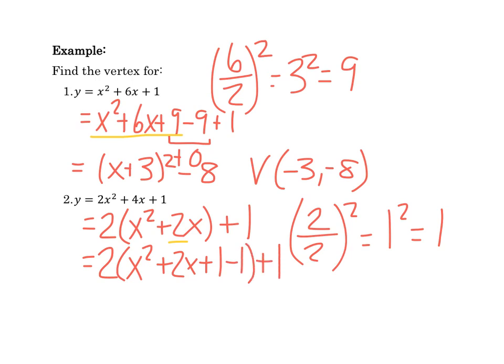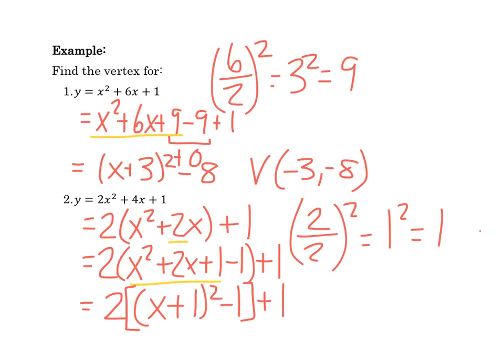And now we've created our perfect square trinomial, which we can factor. And we obtain 2 times x plus 1 all squared, because we're looking for two numbers that multiply to 1 and add to 2 in the middle. And we still have the minus 1 plus 1. And simplifying, we're going to multiply the 2 back through the bracket.